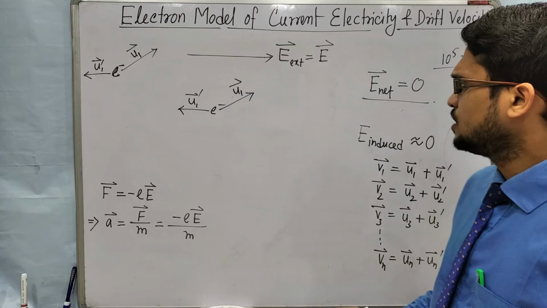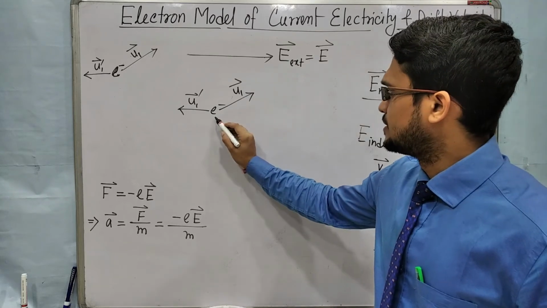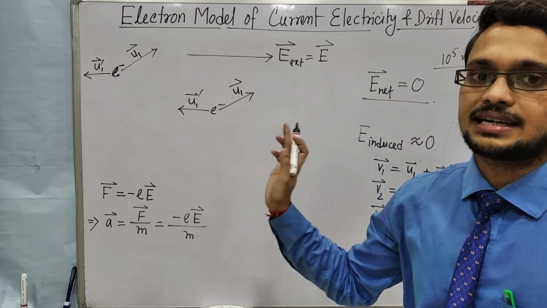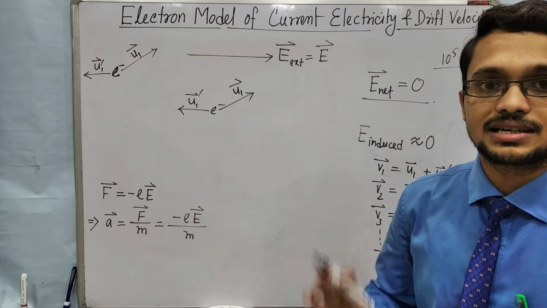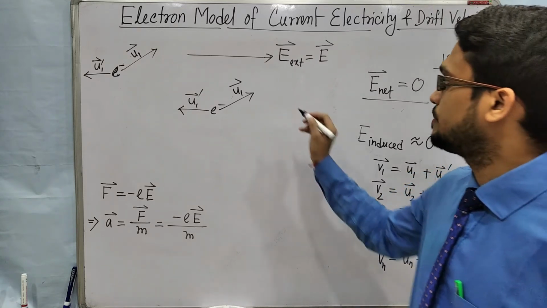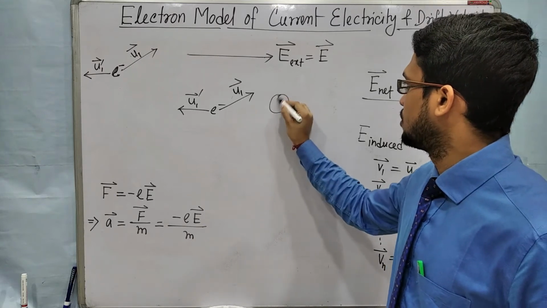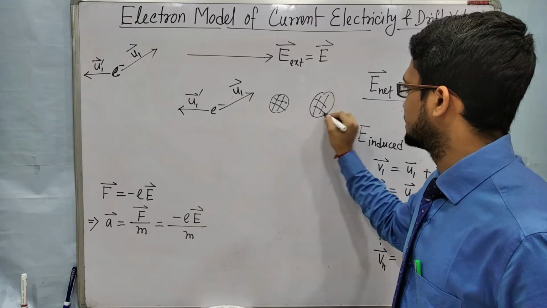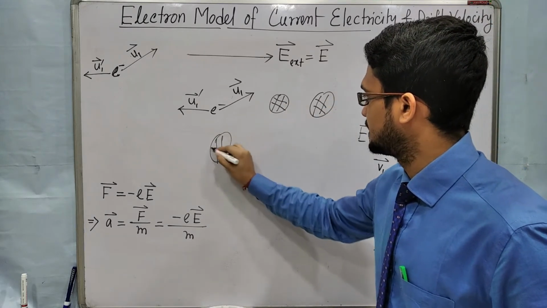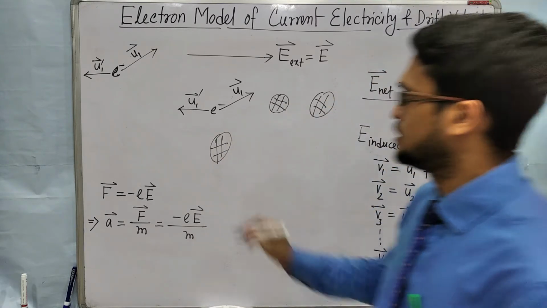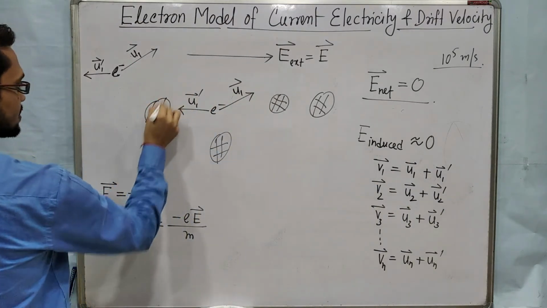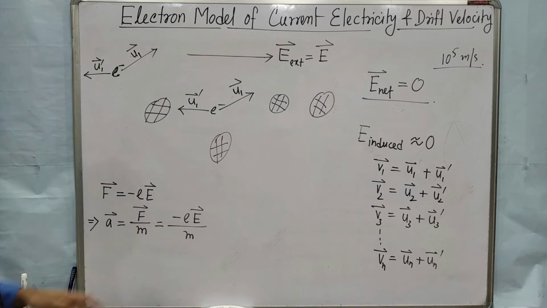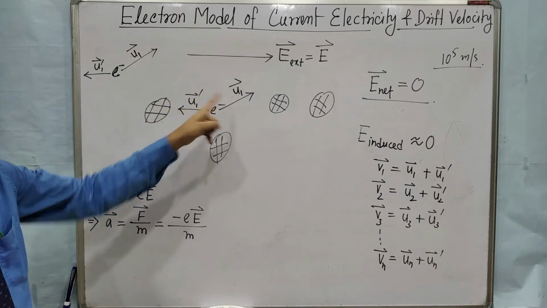But there are not only electrons present in the conductor. What are the other things? There are a lot of atoms present here. So what happens when electrons move in this direction or in any other direction due to the resultant of those two velocities?